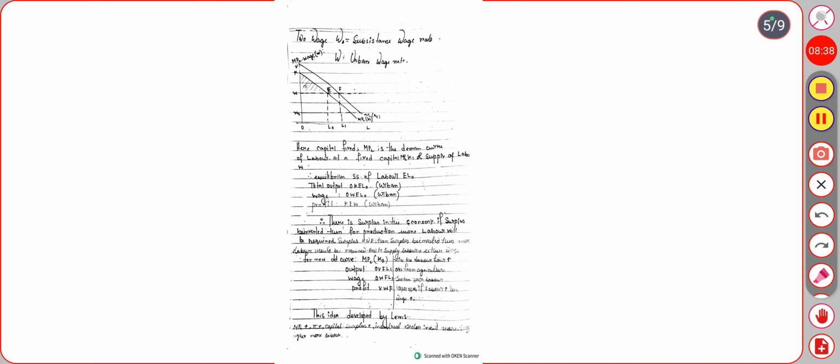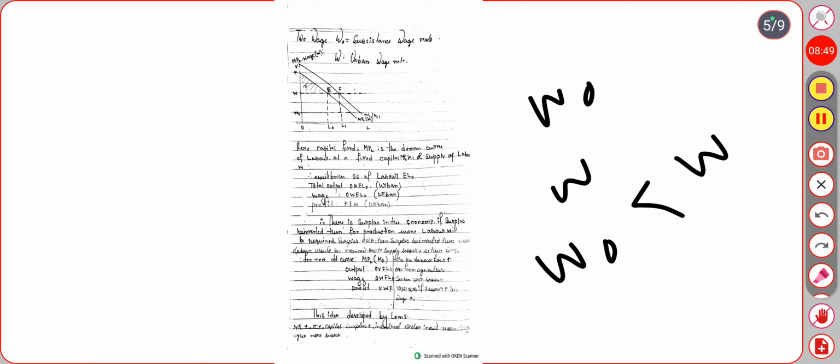Here W0 is the subsistence wage and W is the urban wage. Here the rural wage is always lower than the urban wage. This is argued in the model by Lewis.